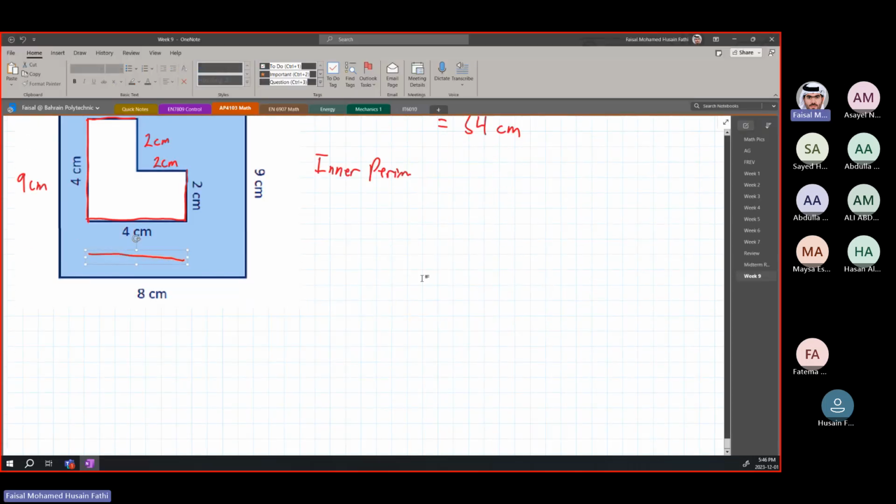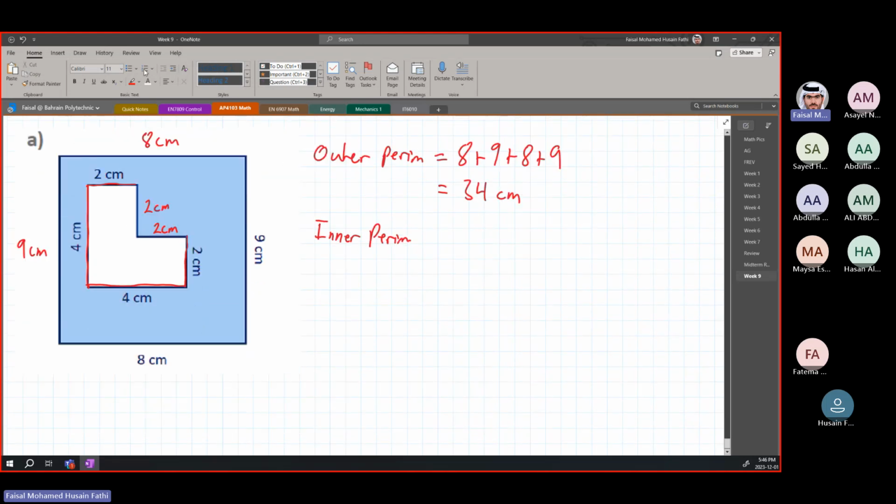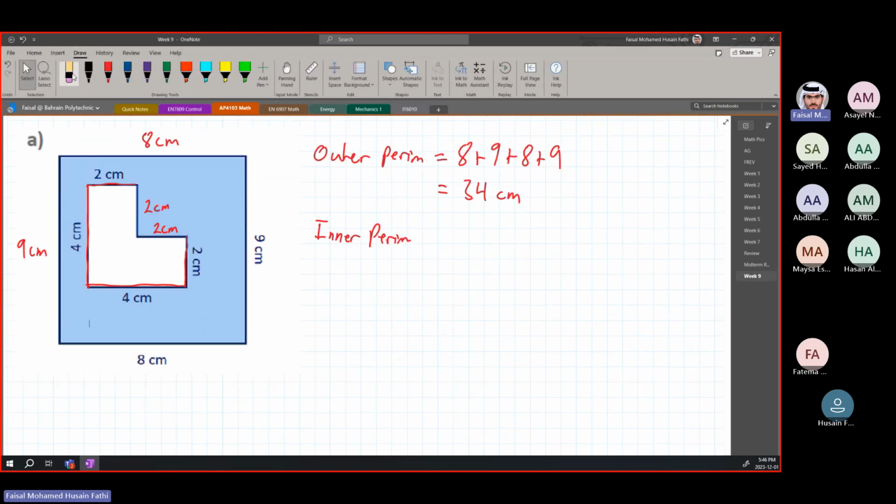So again, we found that now we can find the inner perimeter because we found all the dimensions. The inner perimeter is going to be 2 plus 2 plus 2 plus 2 plus 4 plus 4, which is 16 centimeters.